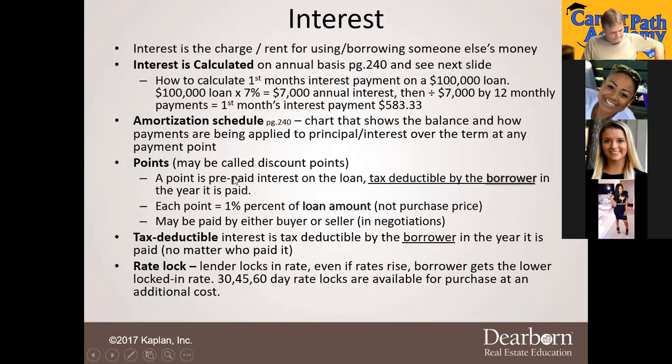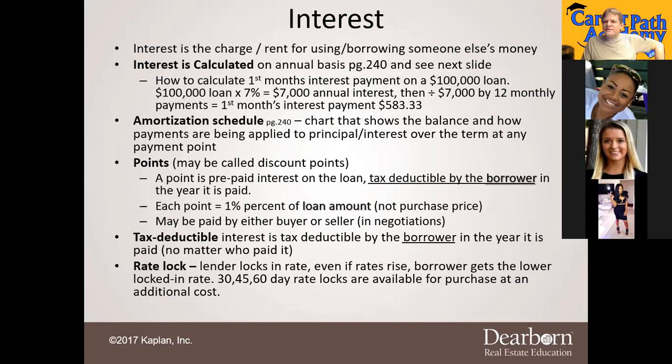Now, points. If you look at the bottom of page 241, what is a point? Let me just give you the breakdown, then we'll do some highlighting. A point is prepaid interest on the loan. That's what the definition of a point is.